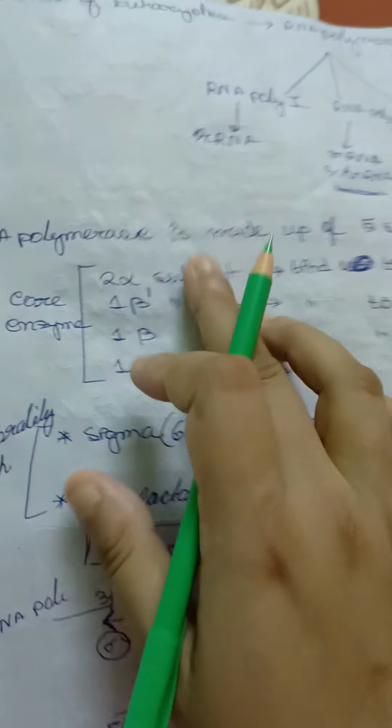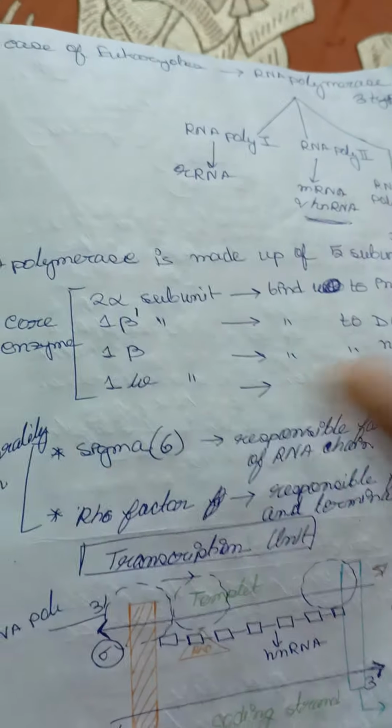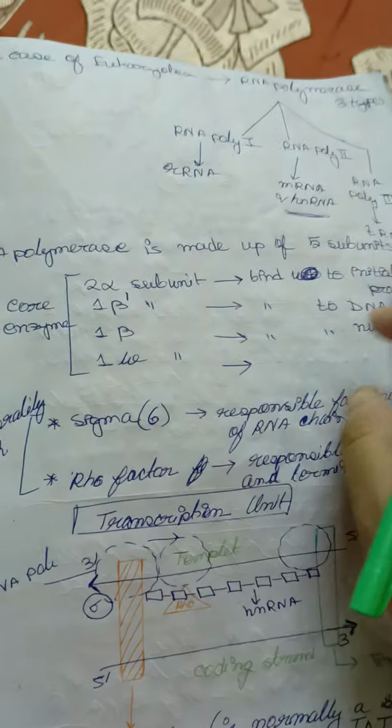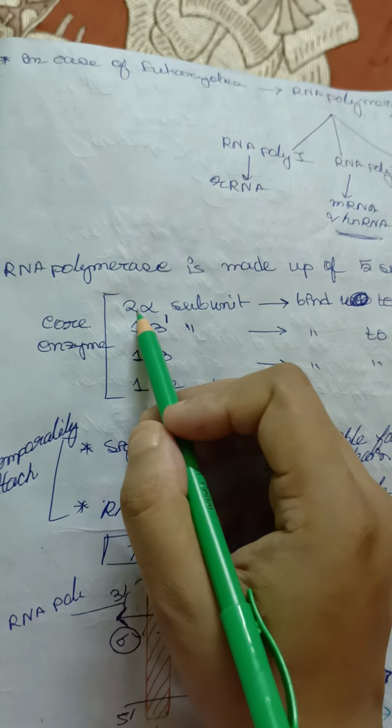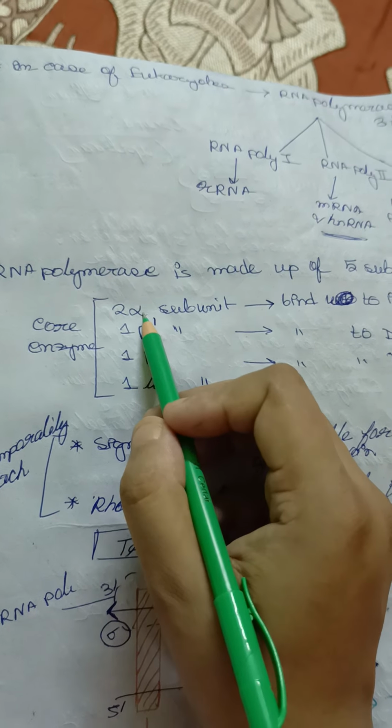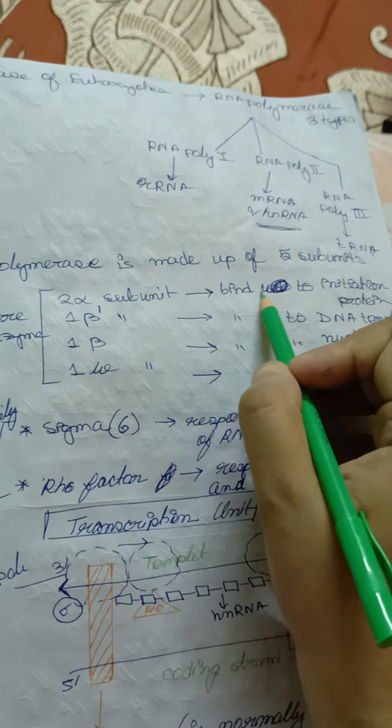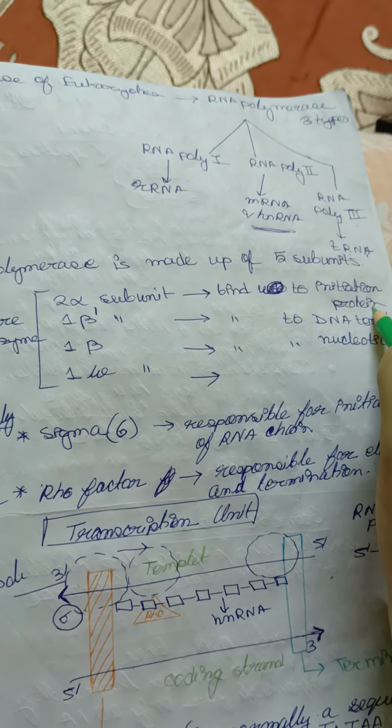Okay, so the structure of RNA polymerase we will learn now. It is made up of 5 subunits. The 2 alpha subunits help bind to the initiation protein.